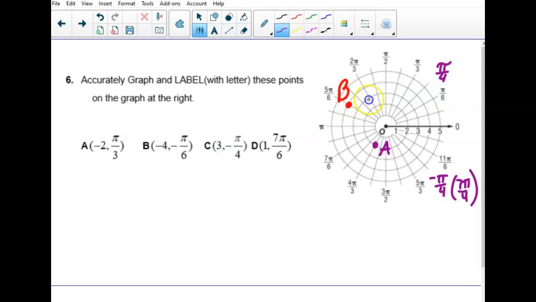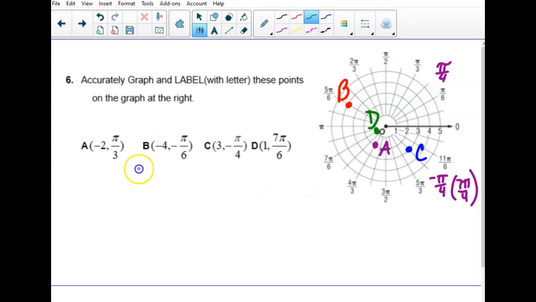And we just go out 3 on that one, right? Here. And then 1, 7 pi over 6. 7 pi over 6 is in this quadrant, and out 1 would just be on that initial little circle there.